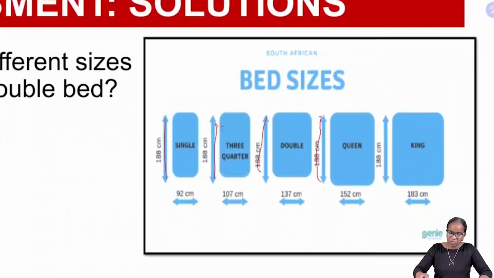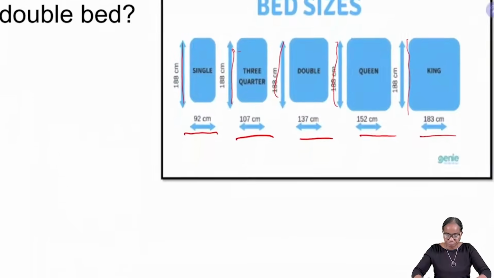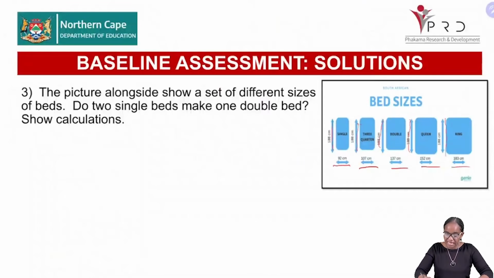Whether it's double, queen, or king, the length is the same. It's 188 centimeters. What differs is the width of each bed. As you can see, the width increases as you get to a bigger size, from single to king.